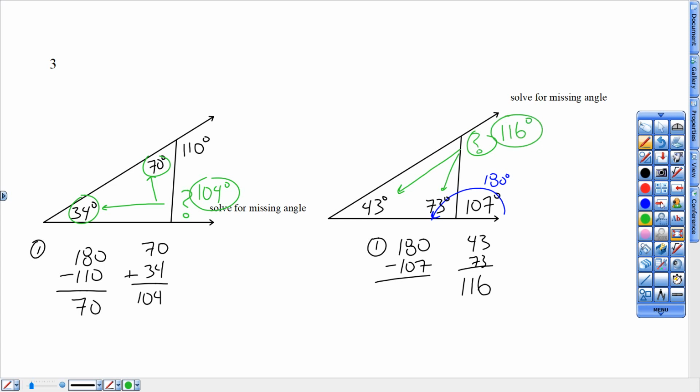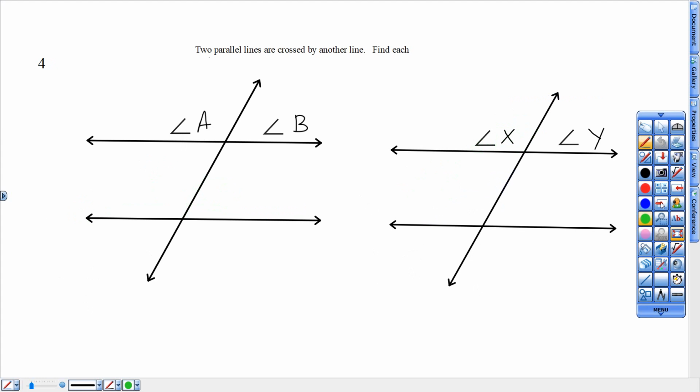All right, number 4. Next word is wave. Wave. For this one, I give you this angle right here being 46. I need you to see that these are clearly the same size opening right there. So if that's 46, that means angle B is 46 too.